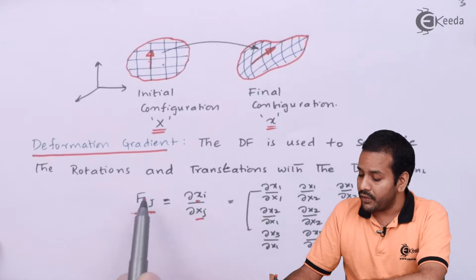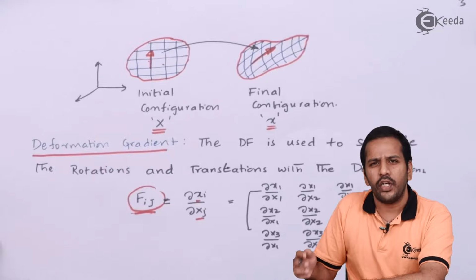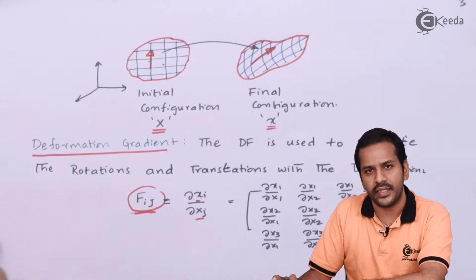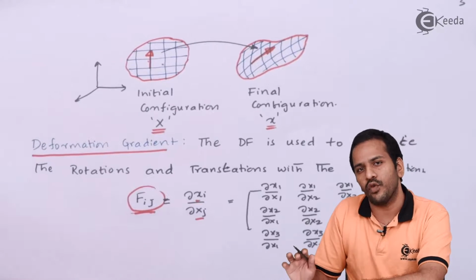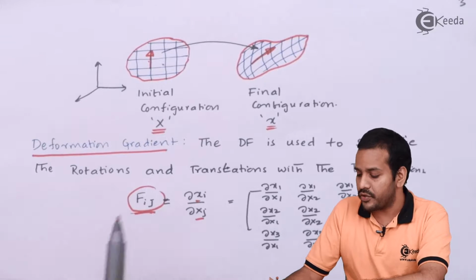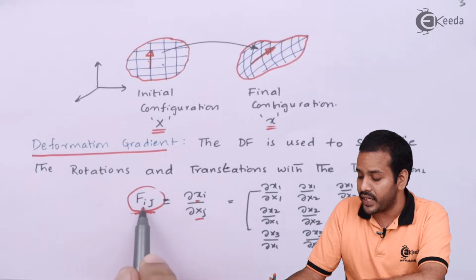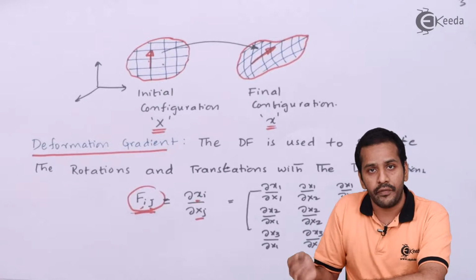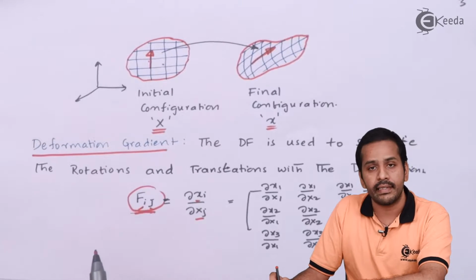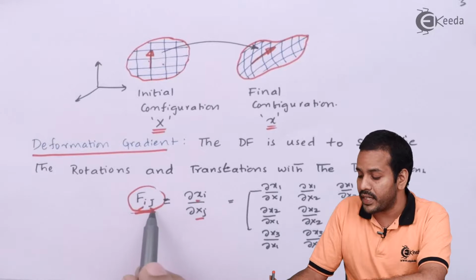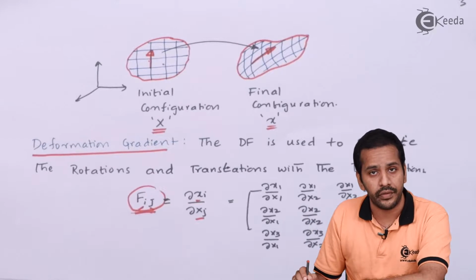That will look like a second order tensor. In fact, this is not a second order tensor because it won't obey the transformation rule. That is why I have represented it with small i and capital J, which differentiates small i as the current configuration and capital J as the reference configuration.